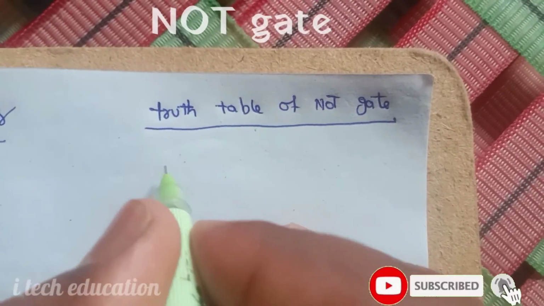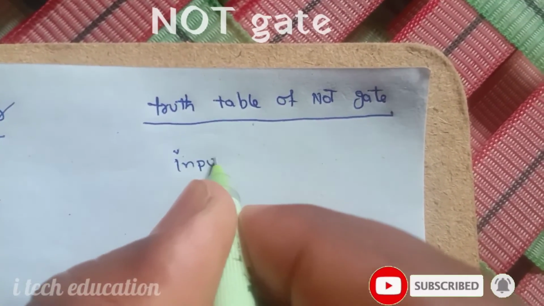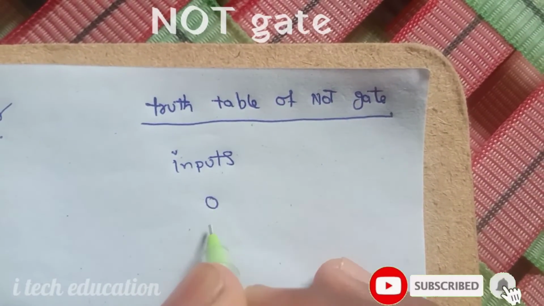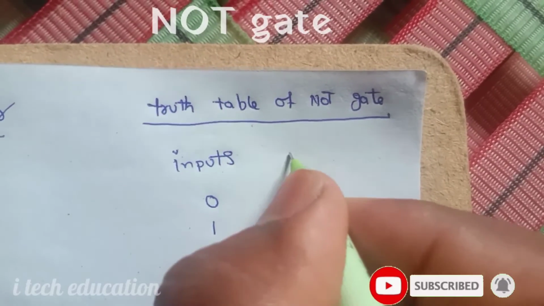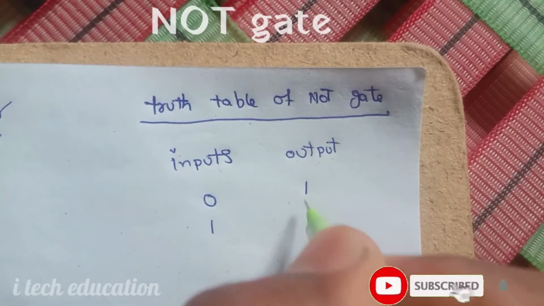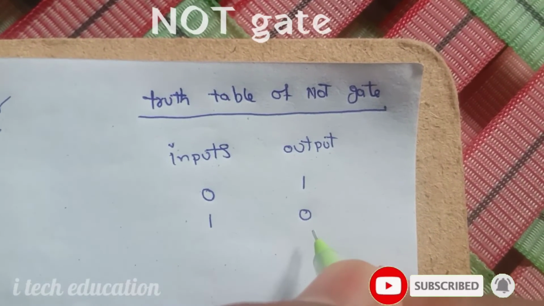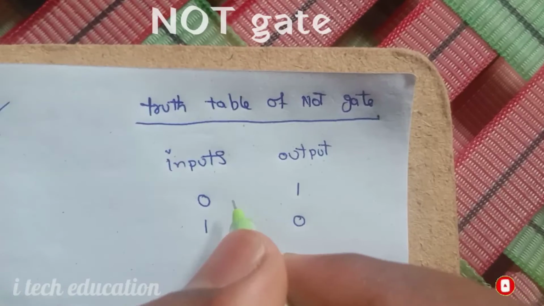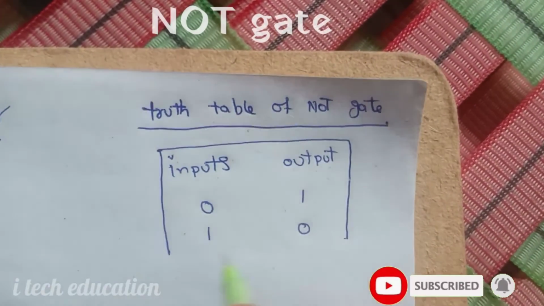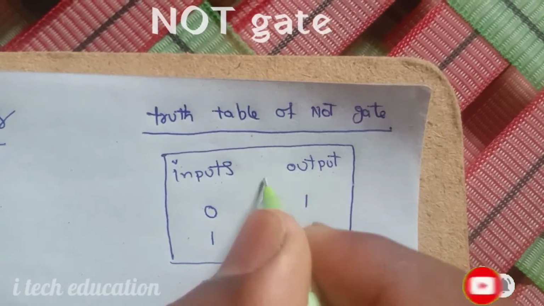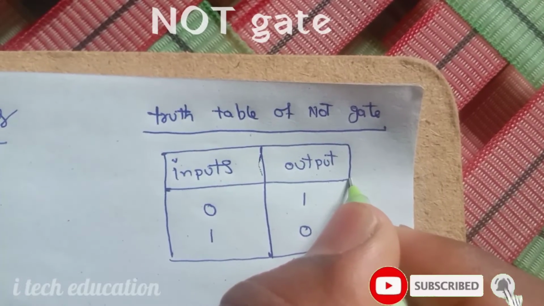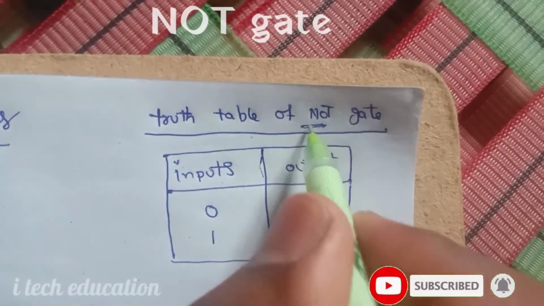NOT gate requires only two input values, that is 0 or 1. The output may be 1 and 0 because the NOT gate is the reciprocal of input. This is the truth table of NOT gate.